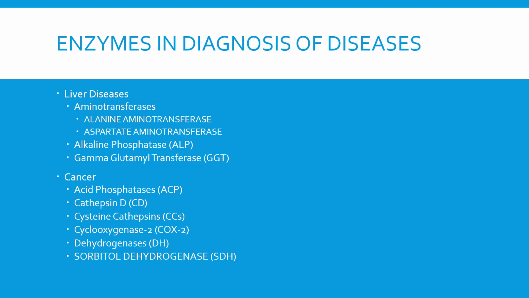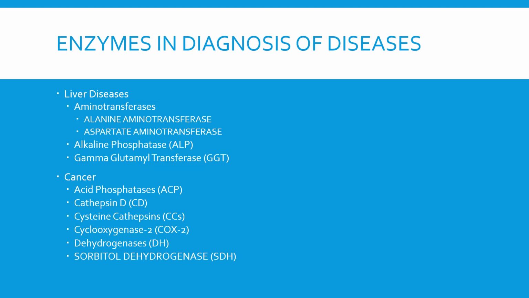So it can be used in combination with other enzymes to monitor myocardial, hepatic parenchymal, and muscle diseases in humans as well as animals. Moreover, to screen for liver fibrosis in chronic hepatitis B, the AST to platelet ratio index, that is aspartate aminotransferase and platelet ratio index, could be used as a marker when elastography is not possible.